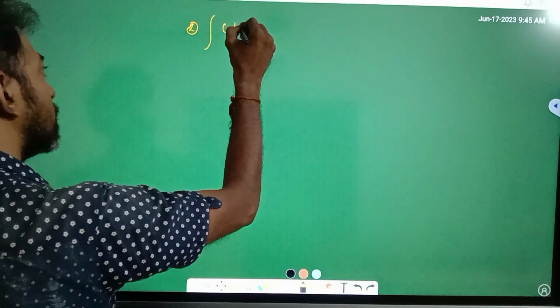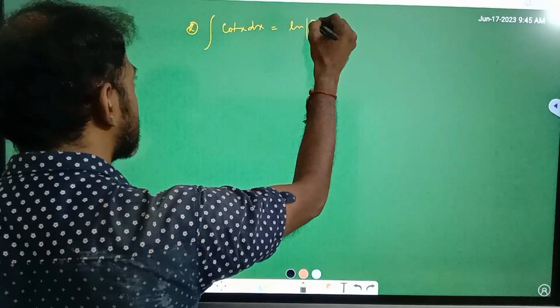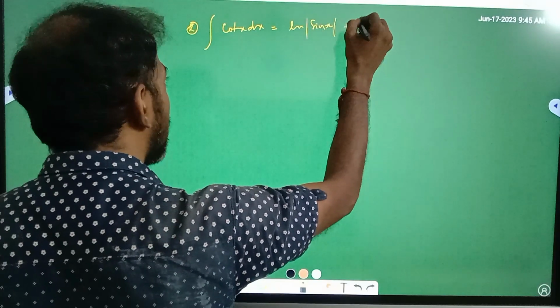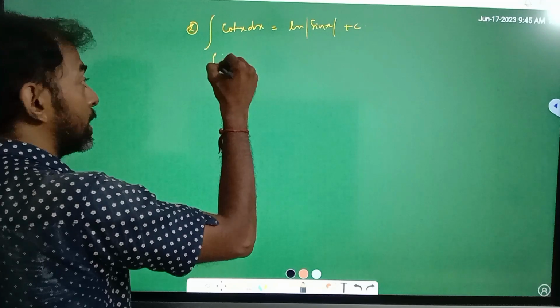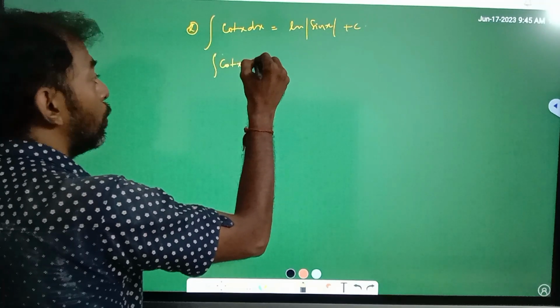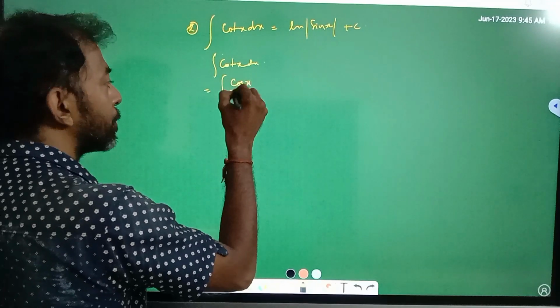The next formula is the integration of cot x dx, which will be log mod sin x plus c. Why will that be log mod sin x plus c? Because in the integration of cot x dx, we break cot x as cos x by sin x.